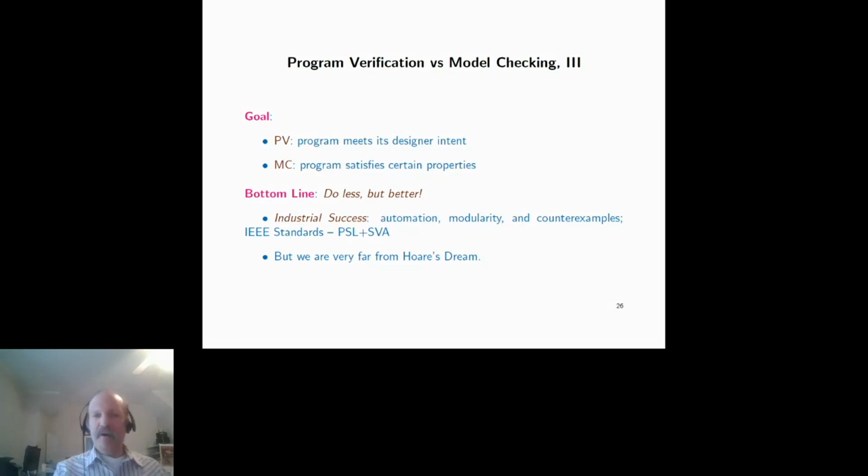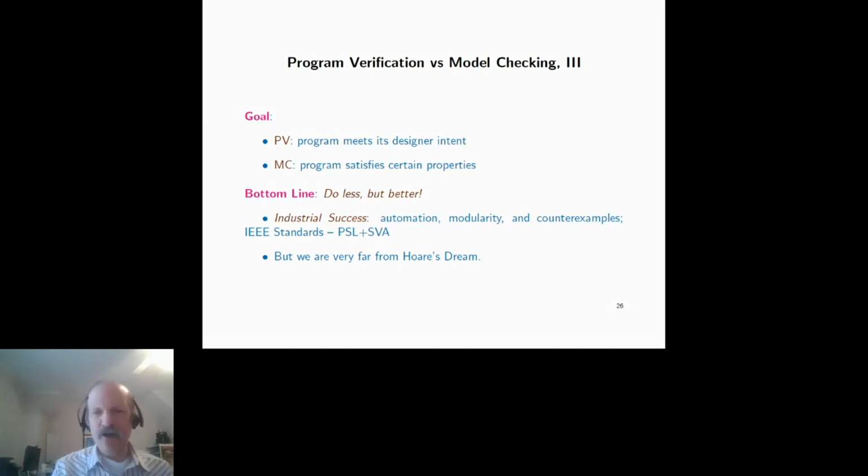But the goals are different. Program verification is you want to ensure that the program meets the designer's intent. That's a very high bar. Model checking is more modest. Give me some properties and I will check them. So the bottom line of model checking was do less, but do it better. And I think that's actually an important principle. Sometimes you're trying to climb Everest and maybe it's too challenging. You say, let's climb Kilimanjaro.